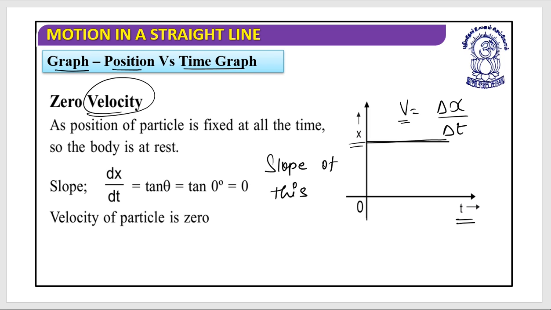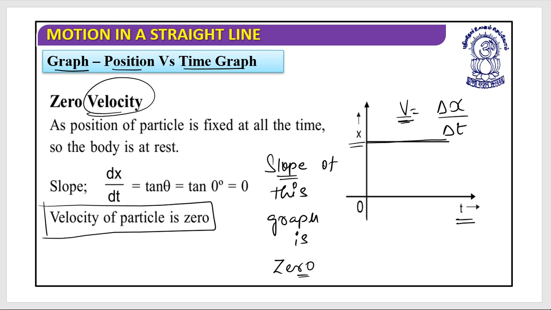The slope of this situation is 0, and the slope of this graph is the velocity. So the velocity of the particle is 0. When velocity is 0, you can say that the body is at rest.